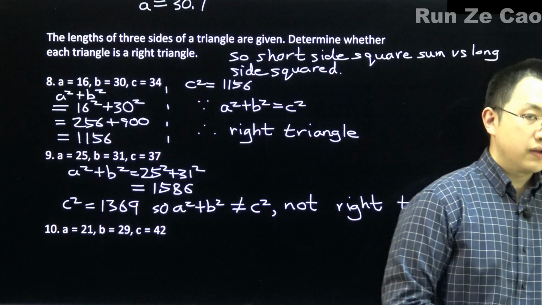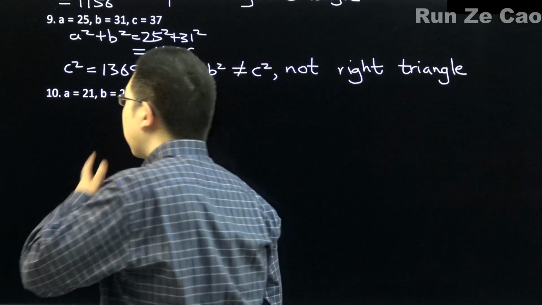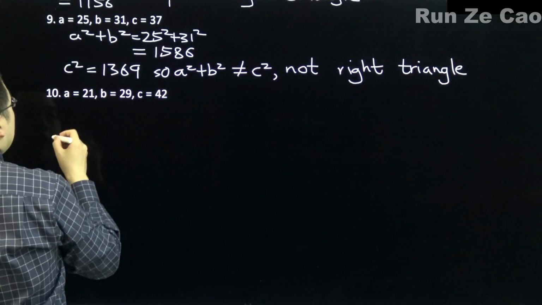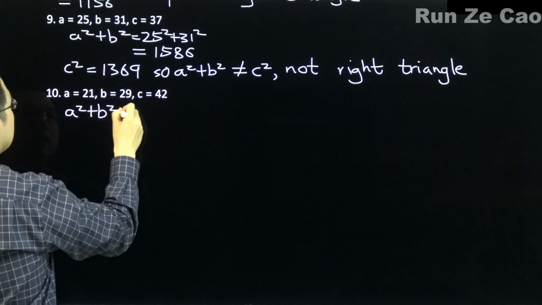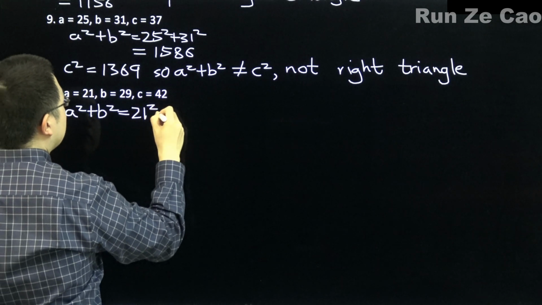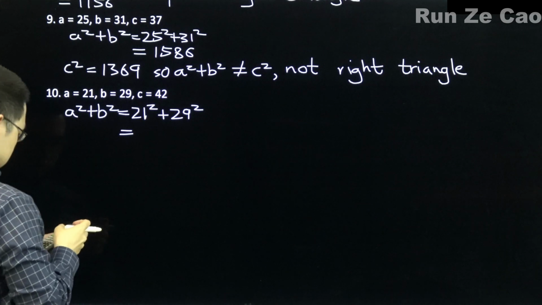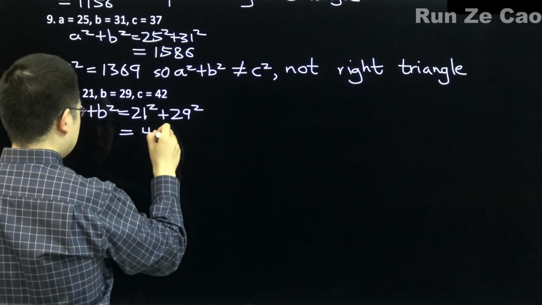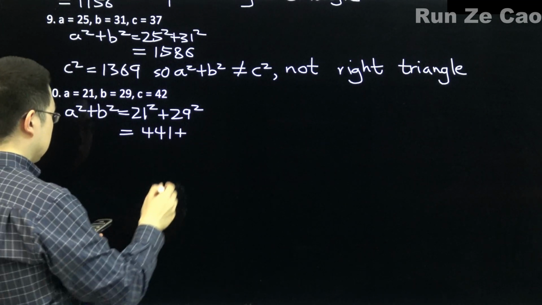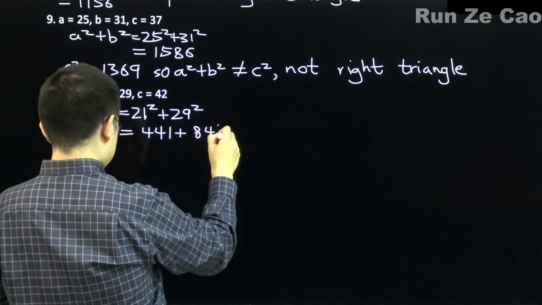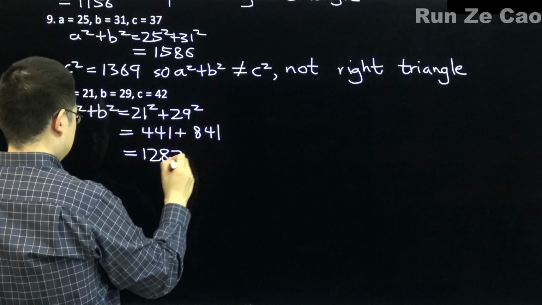All right. Next one, let's try a squared plus b squared equals 21 squared plus 29 squared. So 21 squared, 441, plus 29 squared, which is 841, is equal to 1282.